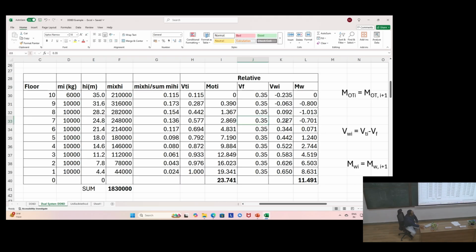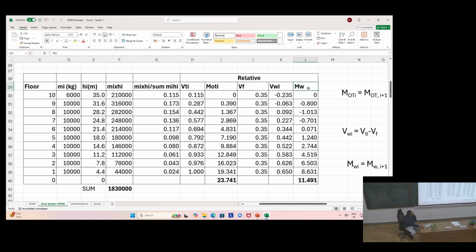So right here, if you see, it's H33 minus J33. H33, VTi minus VF. And VF would be generally given to you, or it's an assumption you'll take, 20%, 30%, or so on. So this is the frame contribution. Now we went to the wall contribution. This is our total relative shear.